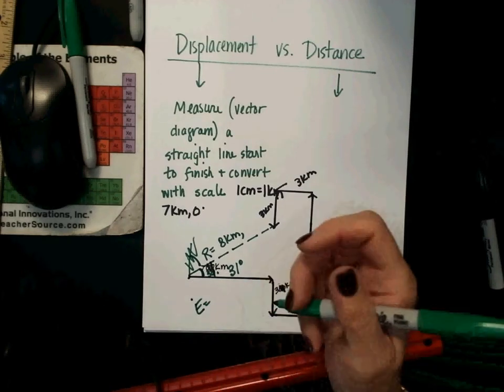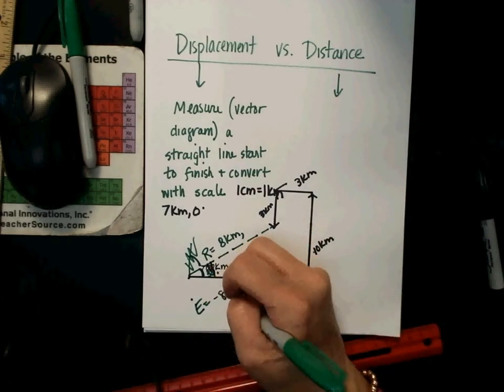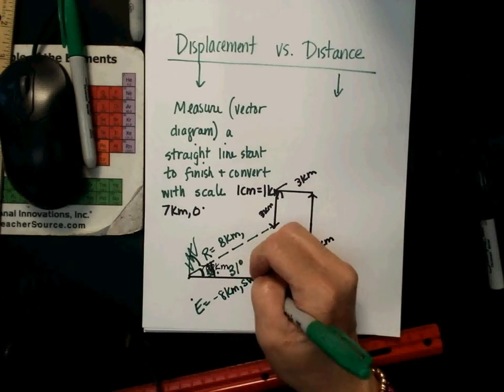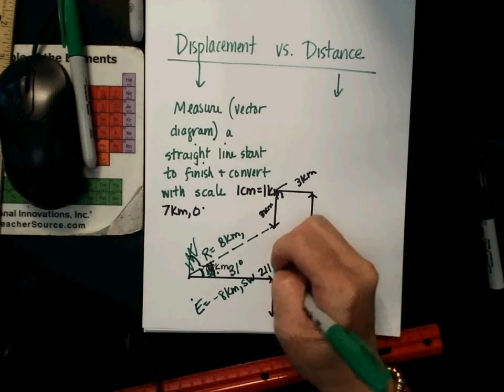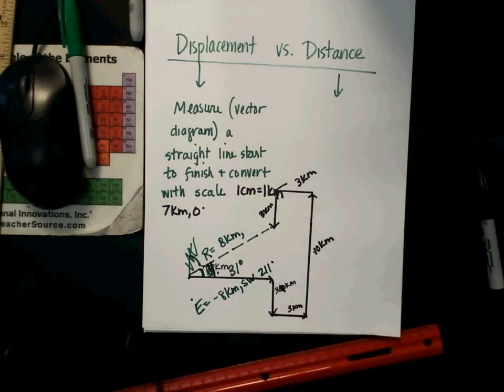You got it, Fletch? What do you have? -8 kilometers southwest. What if I want real degrees? Andrew, you got it? 211. Yeah, 211 degrees. I will specify if I want degree reading when you do one of these. If not, it is okay to just give me northeast, southwest.